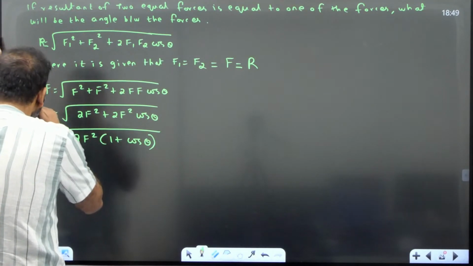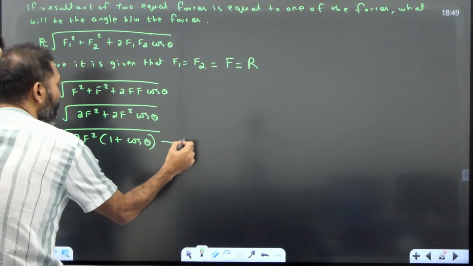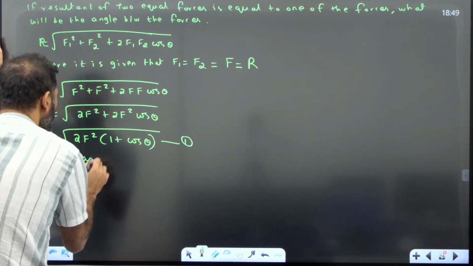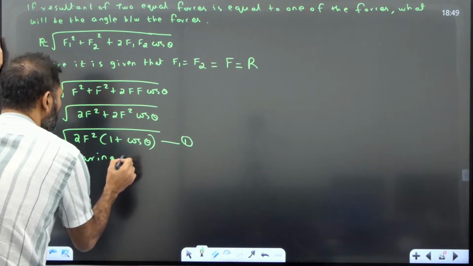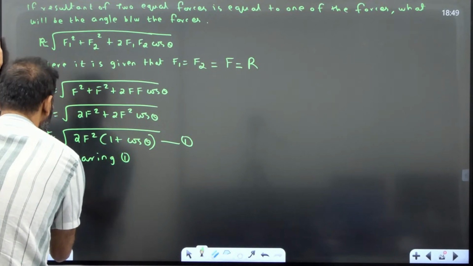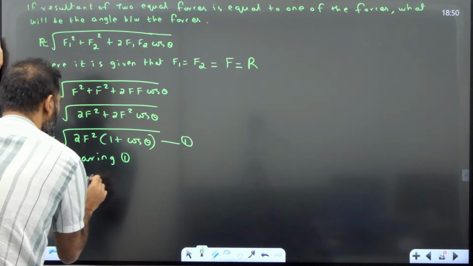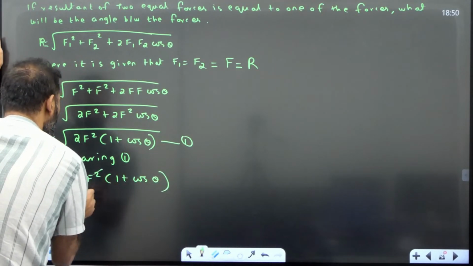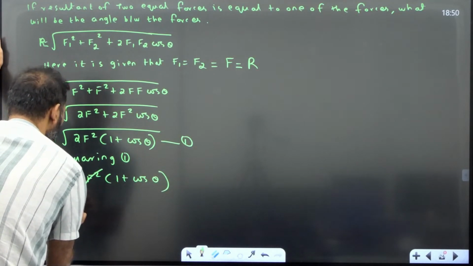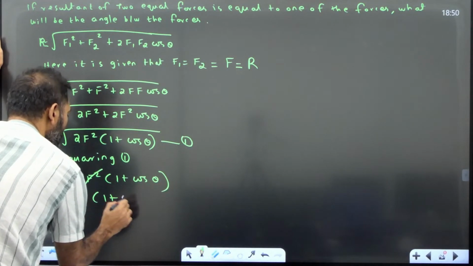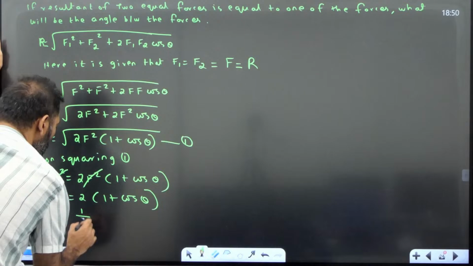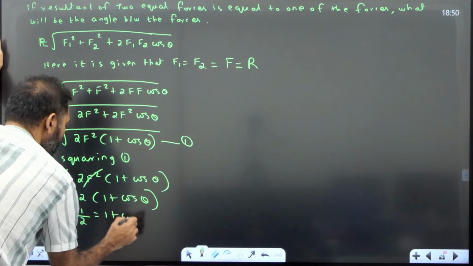On squaring equation 1, F square equals 2F square into 1 plus cos theta. Now you can cancel F square both sides. So 1 equals 2 into 1 plus cos theta, so 1 by 2 is equal to 1 plus cos theta.